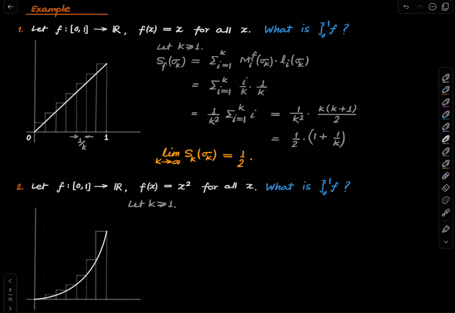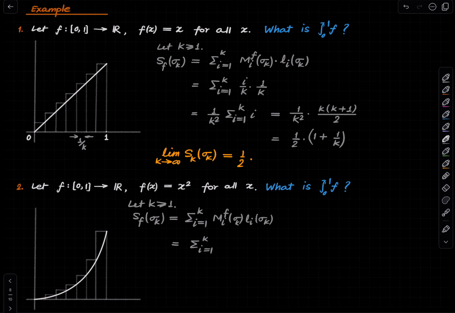So what is this guy? Yeah, so what is M_i for sigma k? This is 1 upon k square. For the first part, it is 1 upon k square, not 1 upon k.